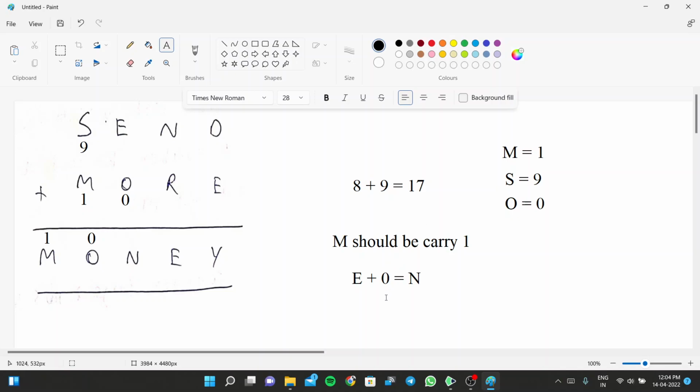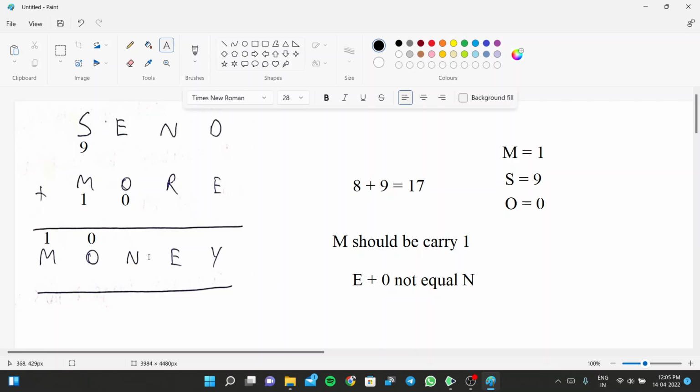So this is one of the statements we can write: E plus 0 is not equal to N. This doesn't make sense, so we will leave it up to here and move to the other side.